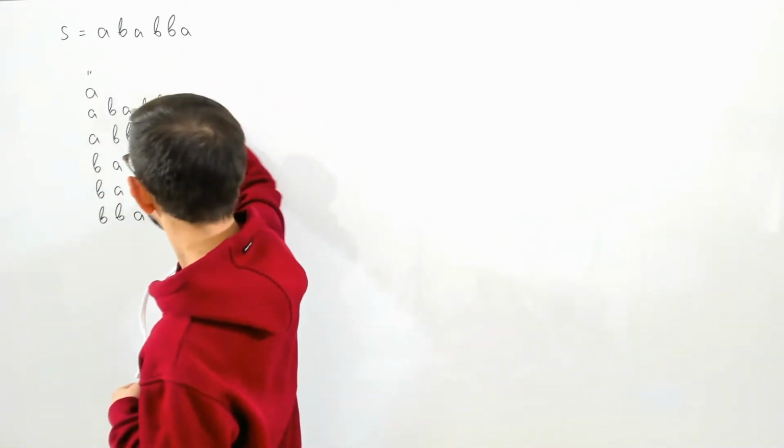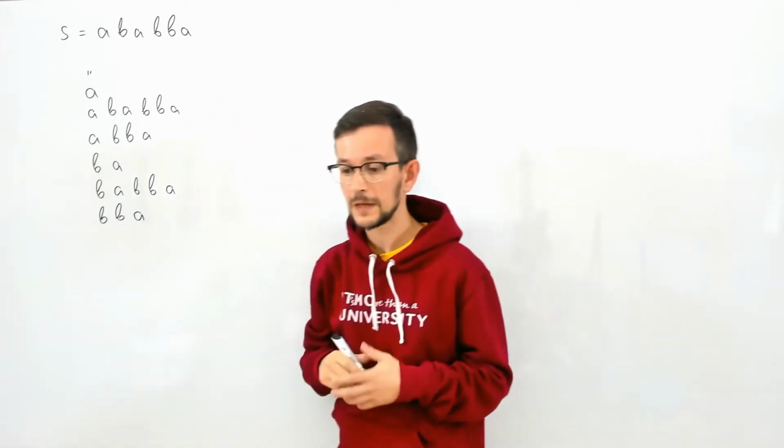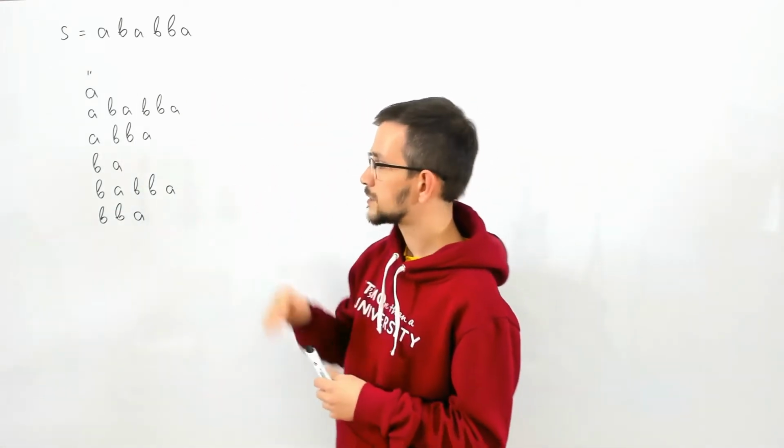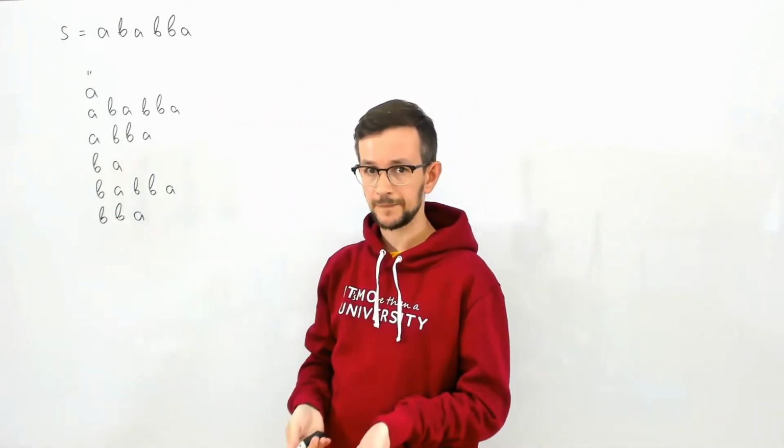So we have 6 suffixes plus the empty one. So this sequence of suffixes is called the suffix array.